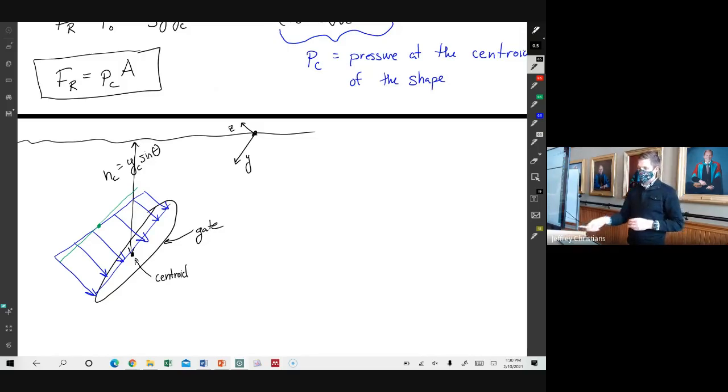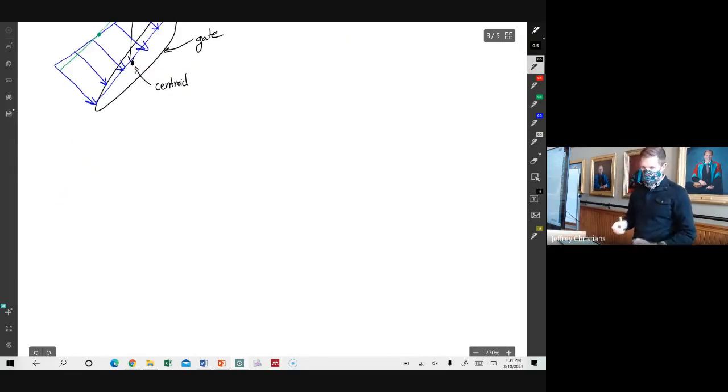So it's weighted so that we have more force on the bottom of the shape than we do on the top because pressure goes up as you go down. So that will be our next job, to find the location of FR.